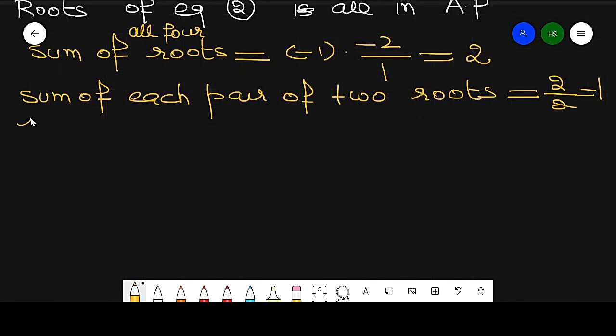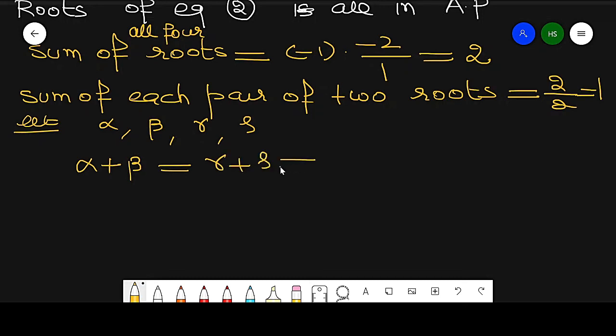For example, if alpha, beta, gamma, delta are roots, then alpha plus beta and gamma plus delta are equal, and this value is equal to 1. So remember that.